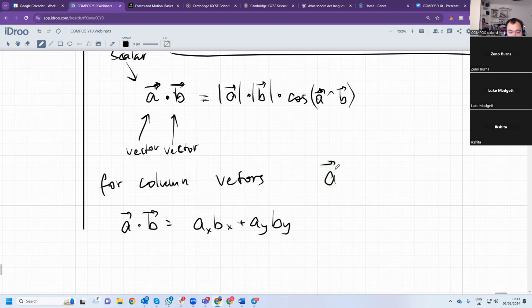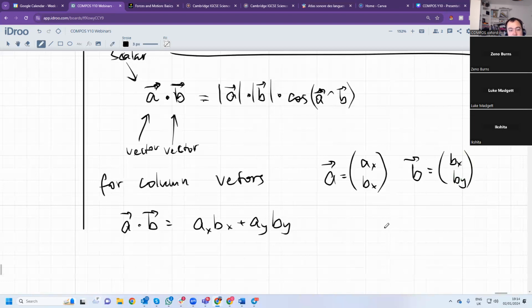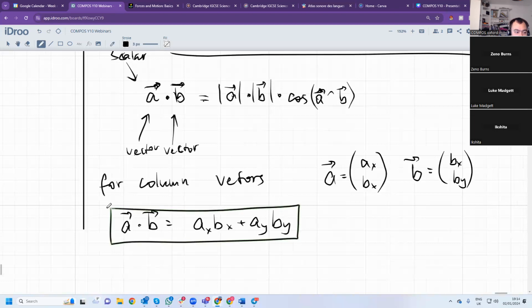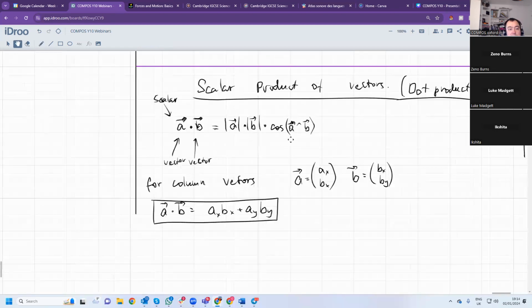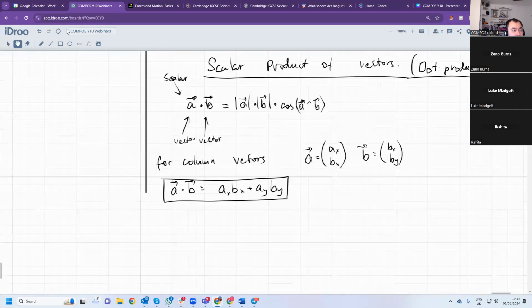So vector A is (AX, AY) and vector B is (BX, BY). So very simple, very straightforward. The two definitions are equivalent, it just depends on how you do it. So let's test it.